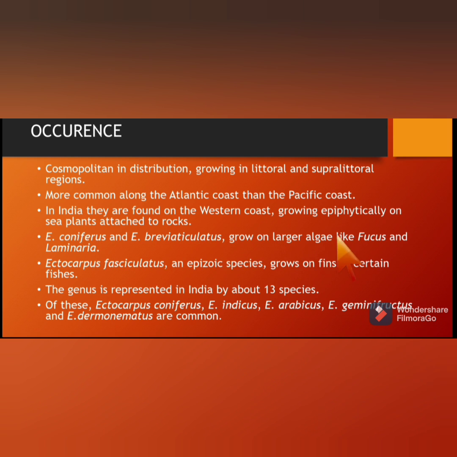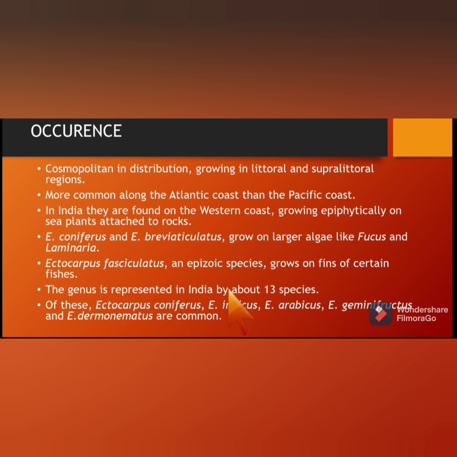They grow on other, larger algal species such as Fucus and Laminaria. Whereas another type of species, Ectocarpus fasciculatus, is an epizoic species. That means they grow on animals. For example, this species grows on the fins of certain fishes.